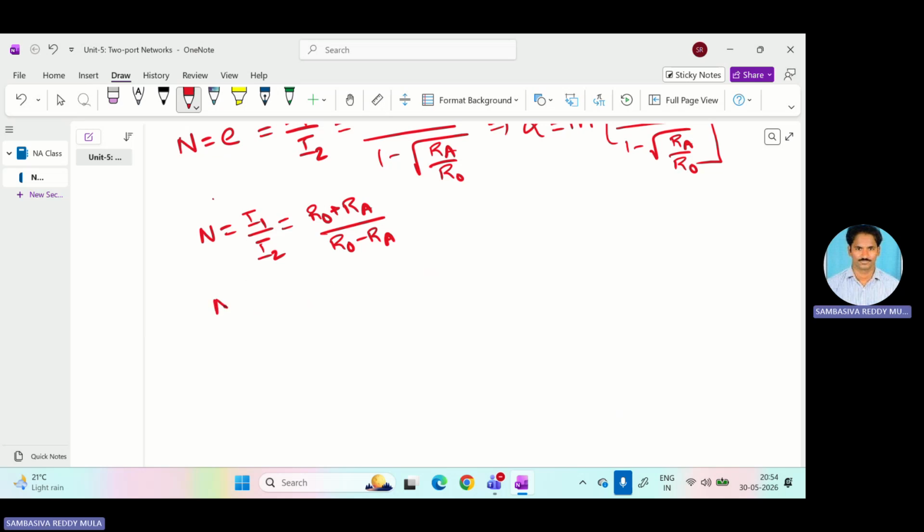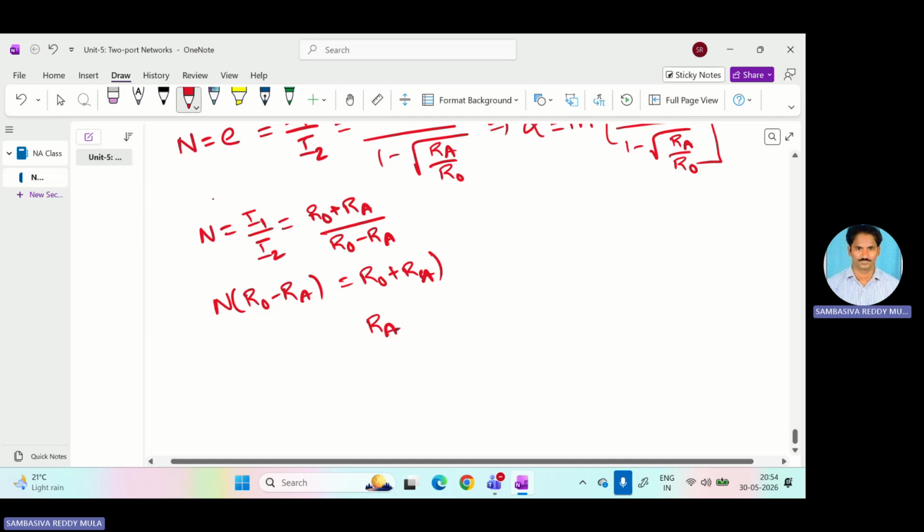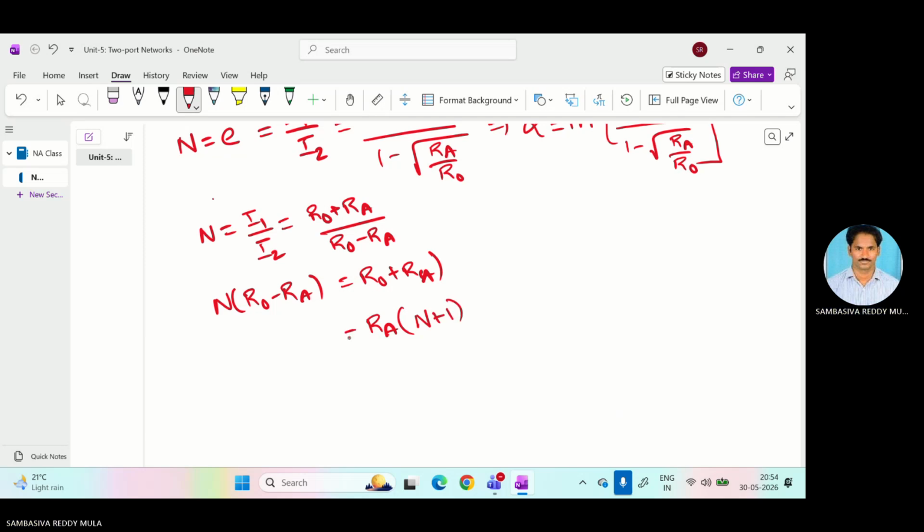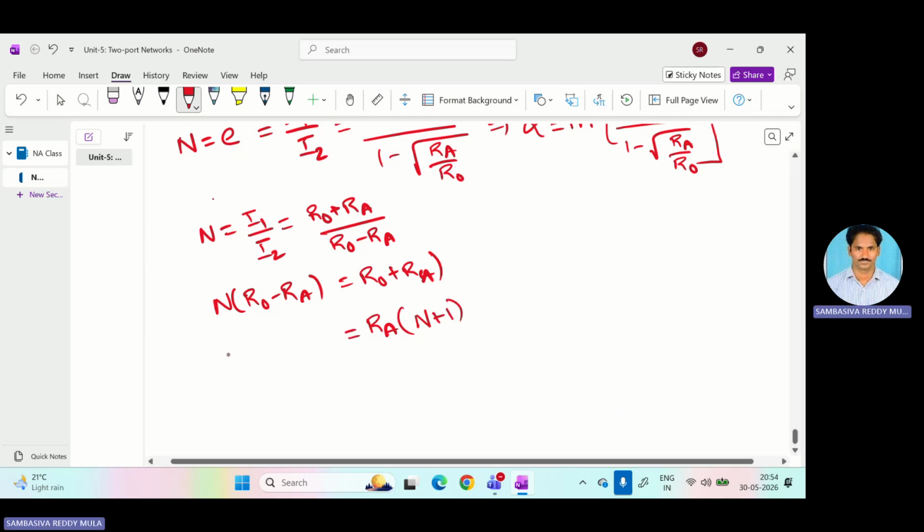What is RA? N into R naught minus RA equals R naught plus RA. So from this, we arrange the terms so that RA, if you take it as common, RA into N plus 1. We take R naught as common, we get R naught into N minus 1.